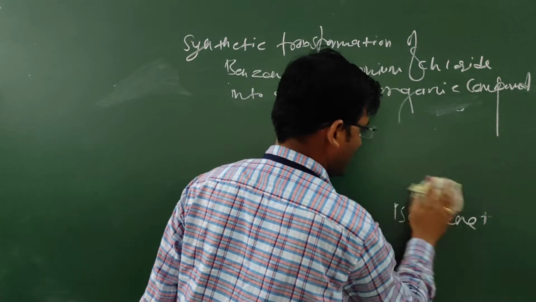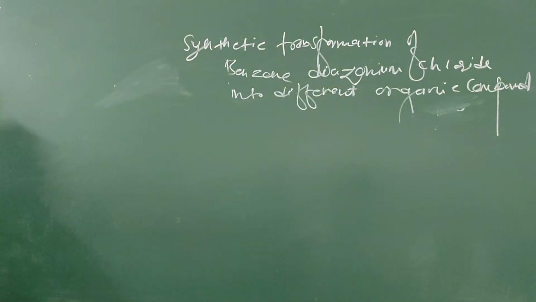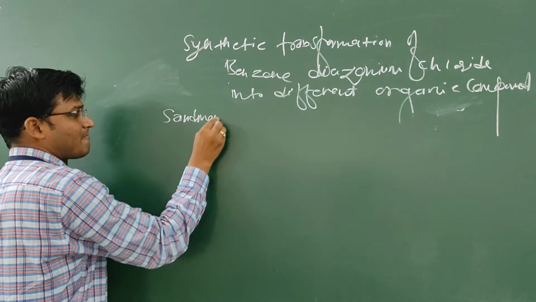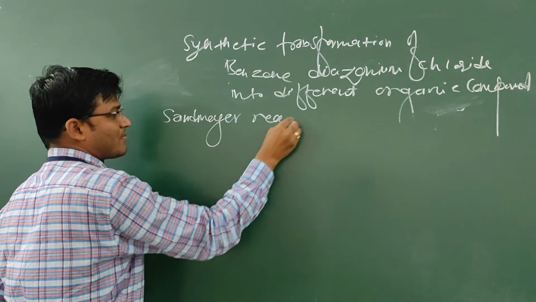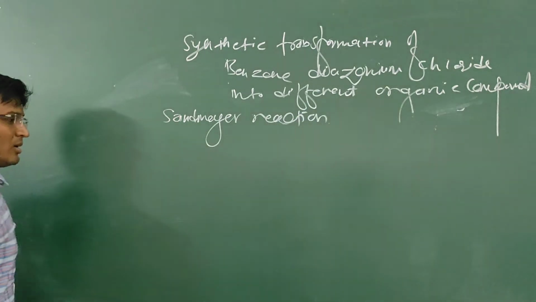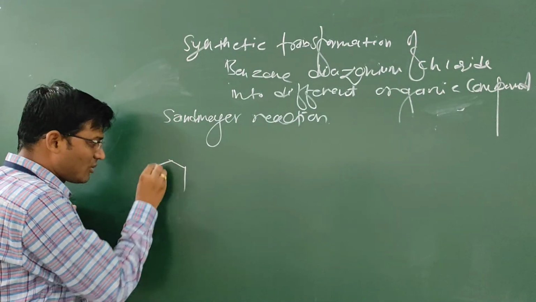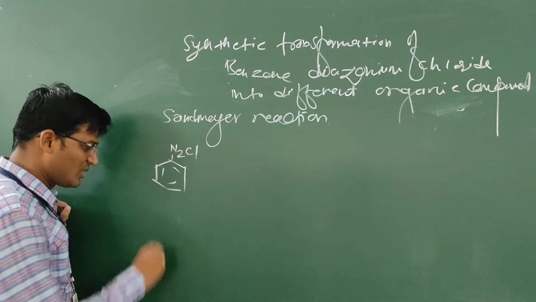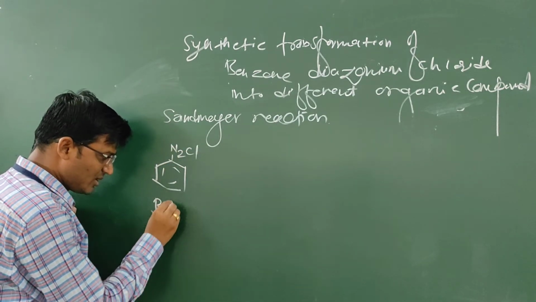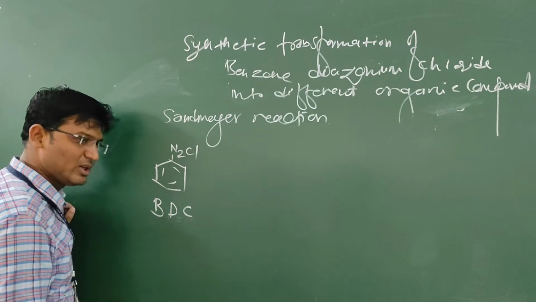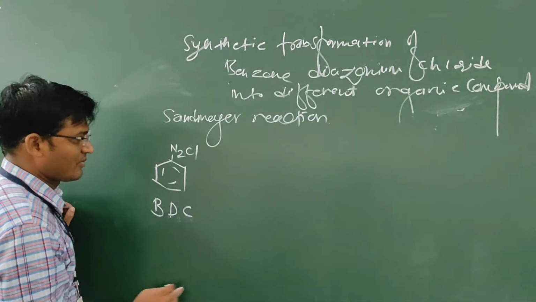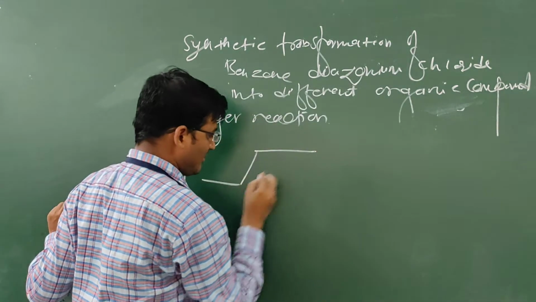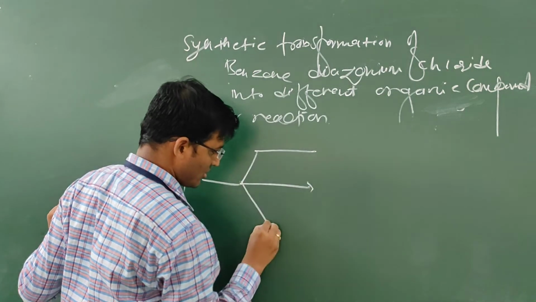A Sandmeyer reaction takes place. In the Sandmeyer reaction, benzene diazonium chloride, N2Cl, which we term BDC for short, when it reacts with a different reagent at a different condition, forms a different compound.